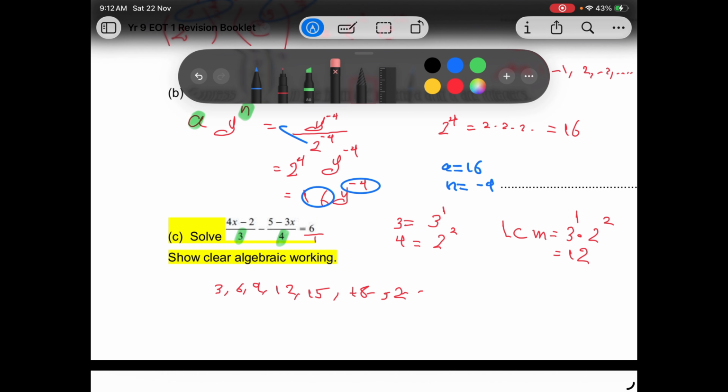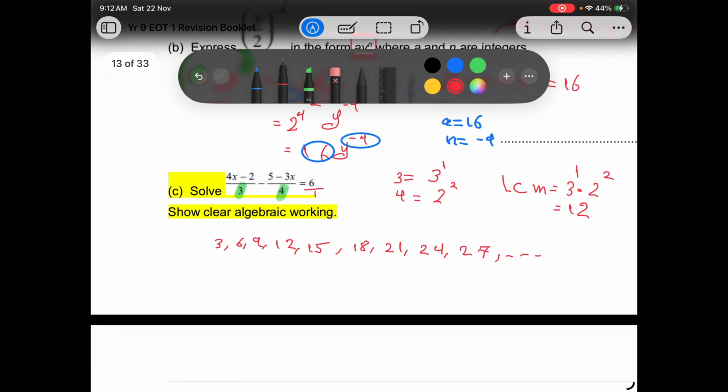Let me explain this more clearly, I think I have to slow down. And for 4, the multiples: 4, 8, 12, then 16, then 20, then 24, and so on.